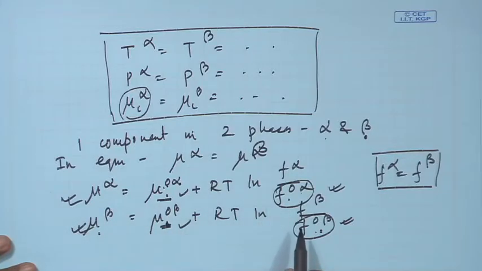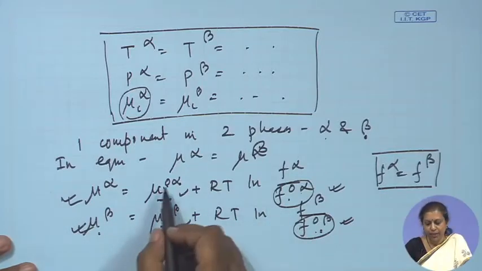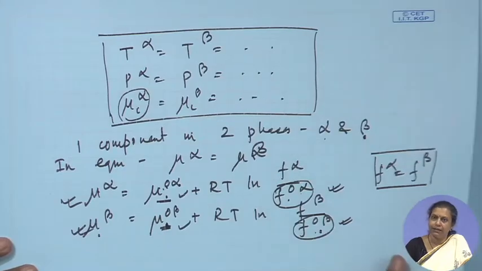Suppose we assume that the standard states are not the same. In what can they vary? They cannot vary in temperature, remember, because everything we have done is under isothermal conditions. So, they can just vary in terms of pressure or in terms of composition.